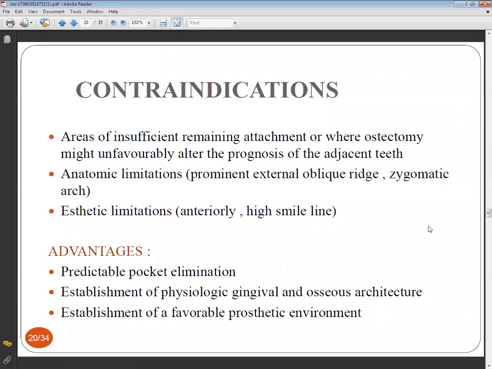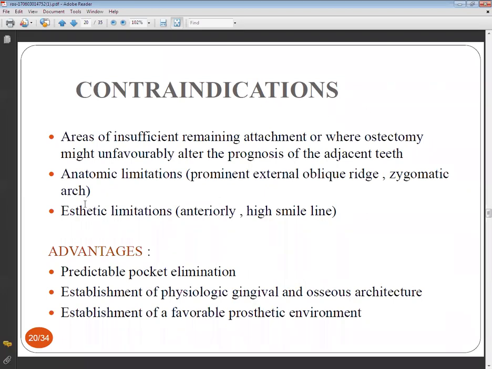There are few contraindications of the resective osseous surgery. The area of insufficient remaining attachment, that is bone with that particular tooth. It is indicated only when there is a sufficient amount of supporting bone. If there is insufficient attachment remaining, then this procedure cannot be done.